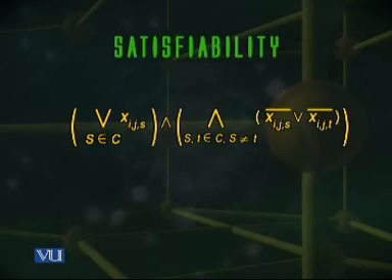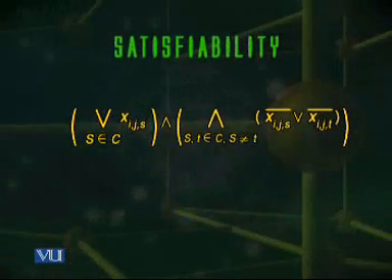Let's for a moment fix a symbol s from C and a symbol t from C. So we're fixing two symbols s and t from the set C. Remember that s can go in a particular cell and t can go in a particular cell, and we're concentrating on the cell ij. Now if you look at the inside, it says x i j s, the negation of that, or x i j t, the negation of that.